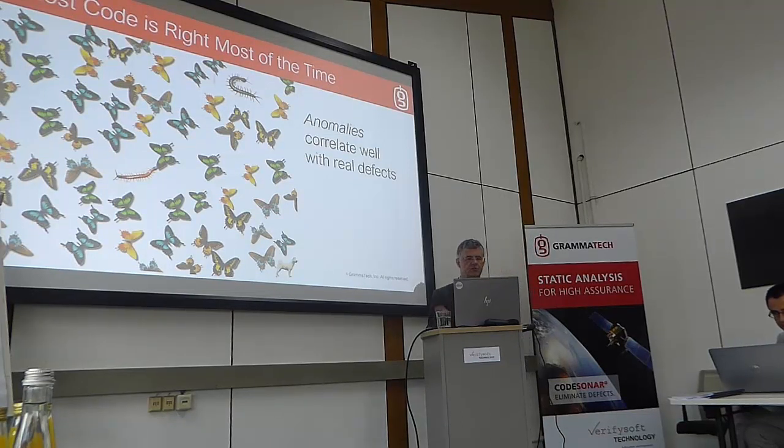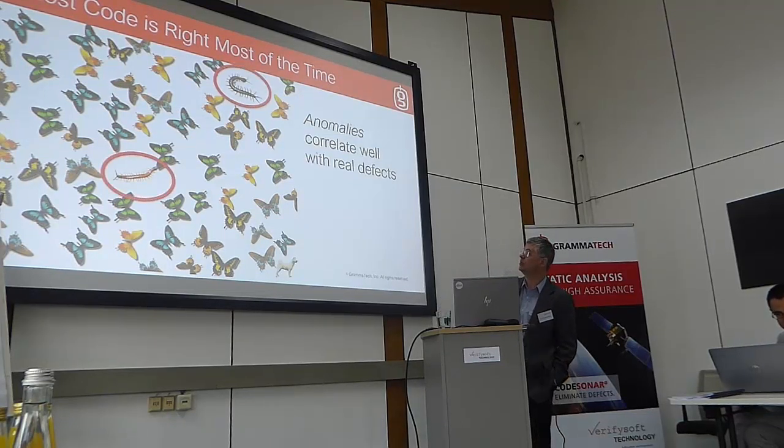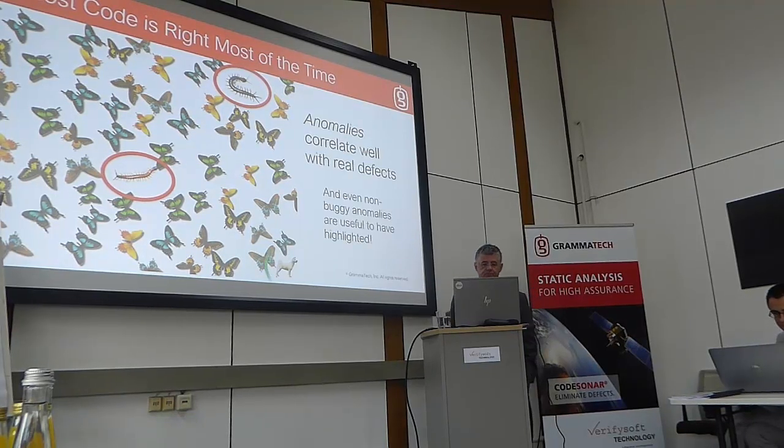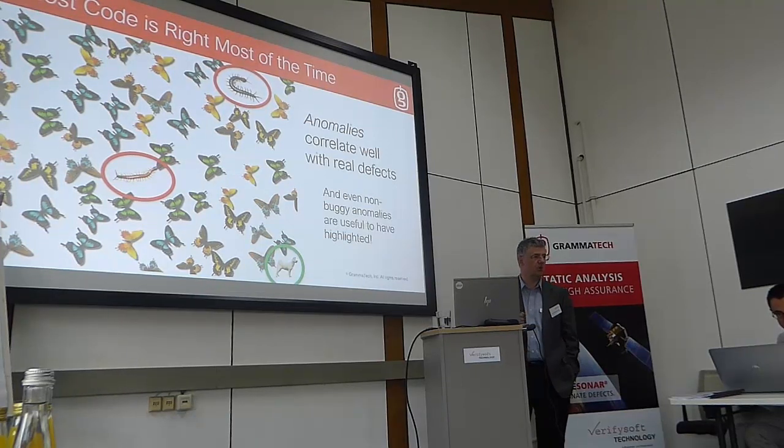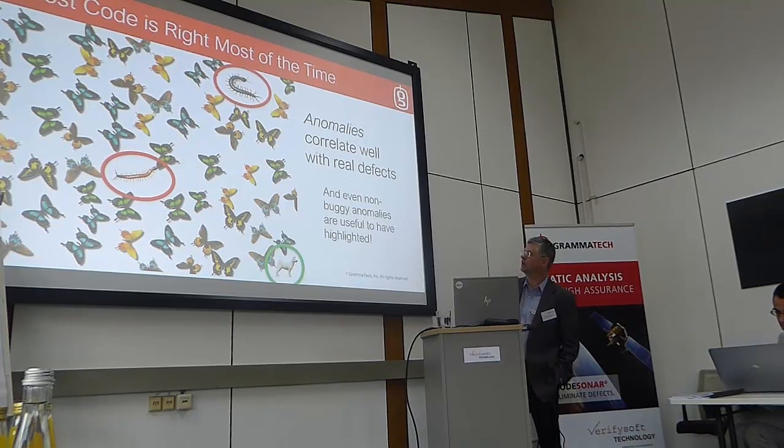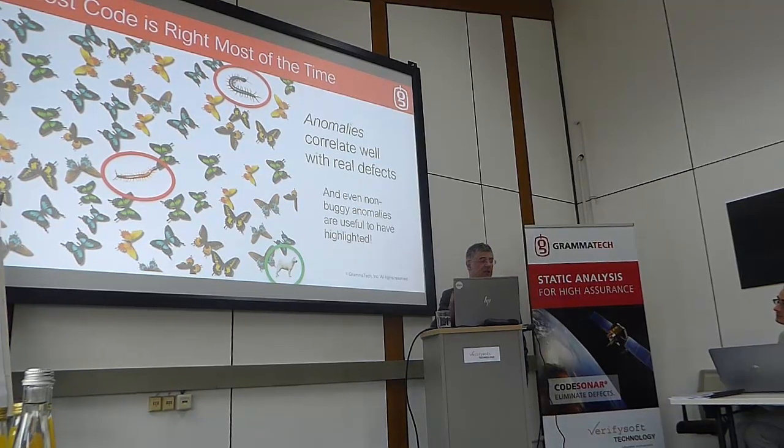So, for example, if this was your code, then you find some anomalies in there, and they could turn out to be real bugs. But even non-buggy anomalies, like this one down here, I've got a dog among these butterflies. Even non-buggy anomalies, that is anomalies that are deliberate and are not bugs at all, it's often very useful to know about those as well, so that you can, first of all, document them to indicate that yes, it's unusual, but this is deliberate.